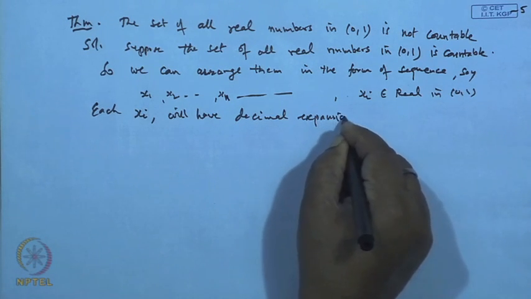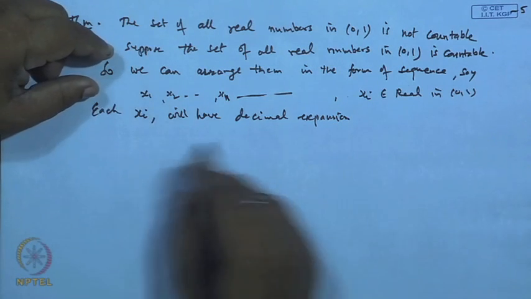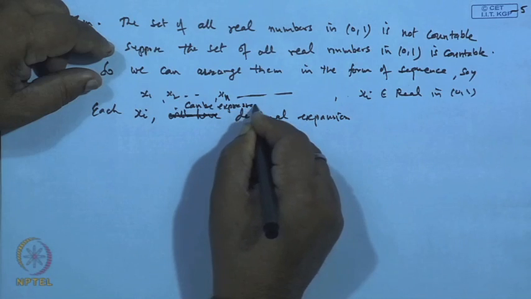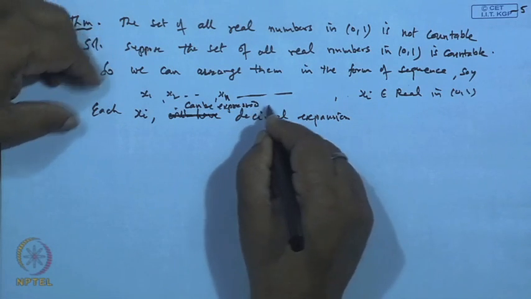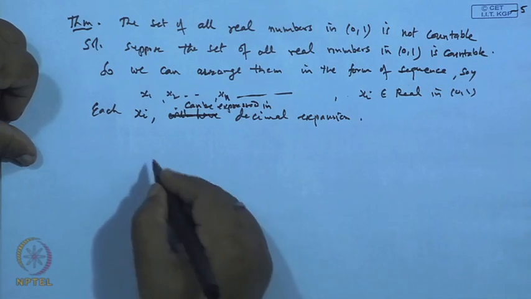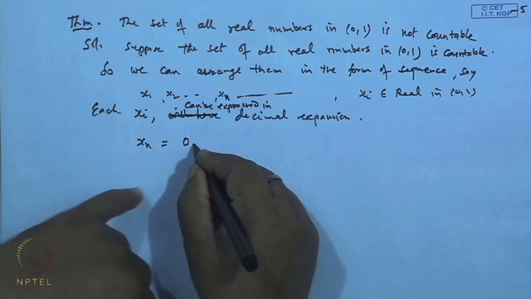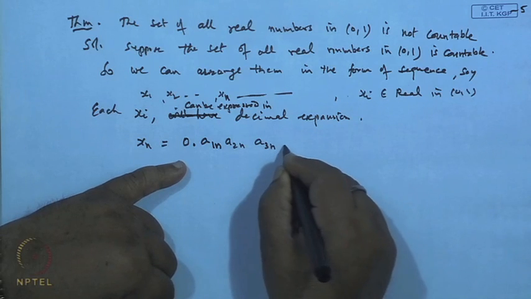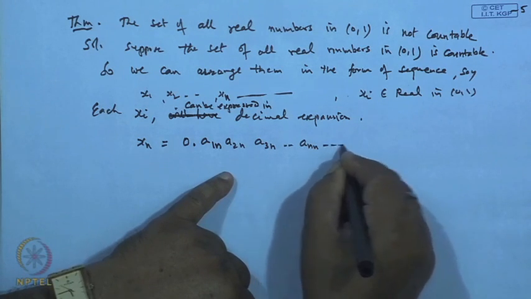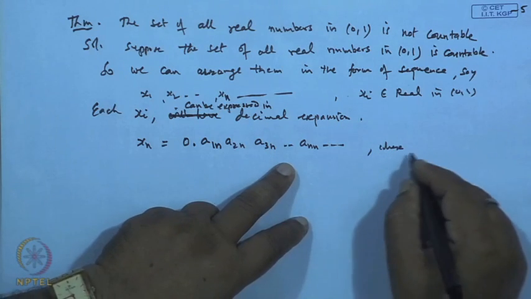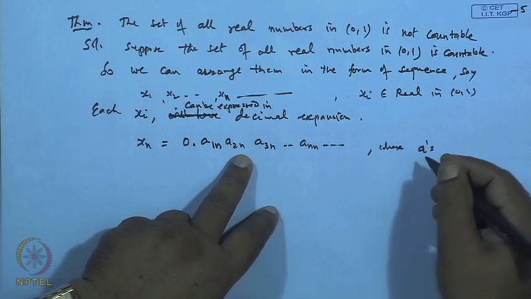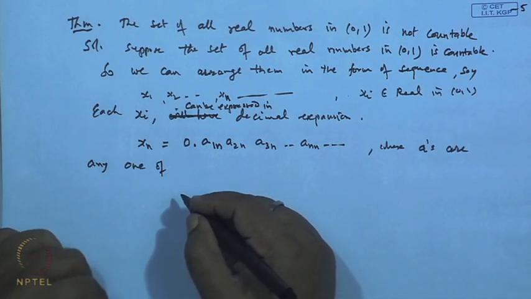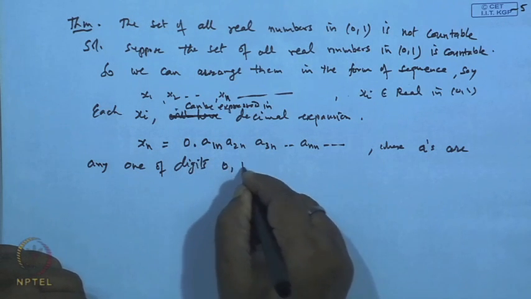Let us suppose x n has the decimal expansion 0.a1n a2n a3n ... ann and so on, where each a is any one of the digits 0, 1, 2 up to 9.